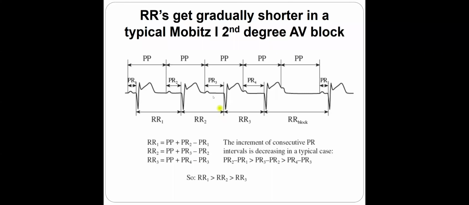We have only the PP point. So this is why in Mobitz type 1 block, the RR distance, especially with the dropped beat, is not twice as much as the last one. This is what you should remember. When we get to the SA block, you will understand, hopefully.